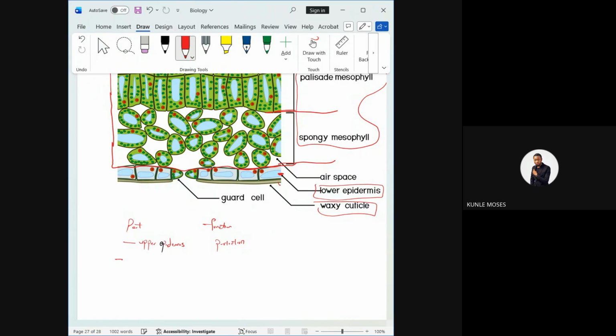The palisade mesophyll for photosynthesis. The spongy mesophyll for gas exchange.